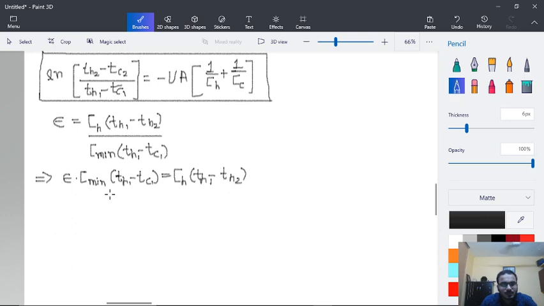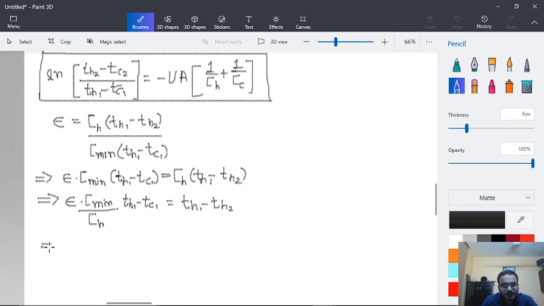So here what we will require is the value of exit temperature. So here epsilon into C minimum divided by CH into (TH1 minus TC1) is equal to TH1 minus TH2.